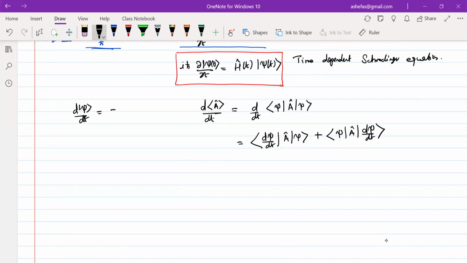Now d psi by dt can be written as minus i by h cross H(t) psi of t.